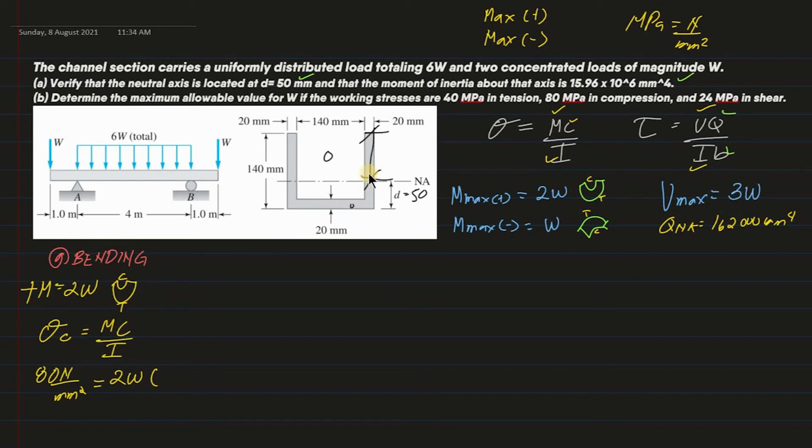Sa baba yung tension. So, our C for now is this length. Okay? So, that length is equal to 140 minus 50 which is equal to 90. Okay? So, 90 millimeter divided by the value of our I. Ayan. Na-solve natin kanina yan. That's 15.96 times 10 raised to 6 millimeter raised to 4.